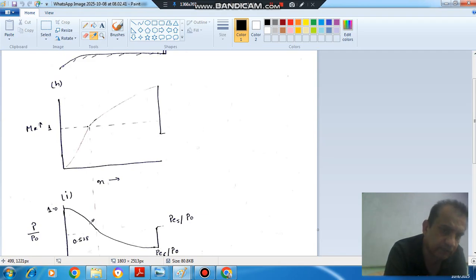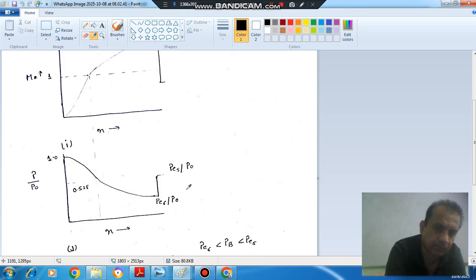Here we can see that the expansion within the nozzle is isentropic and the shock is existing at the exit. PE6 is the pressure corresponding to isentropic expansion. If we maintain this pressure here also, then we are able to obtain isentropic expansion.